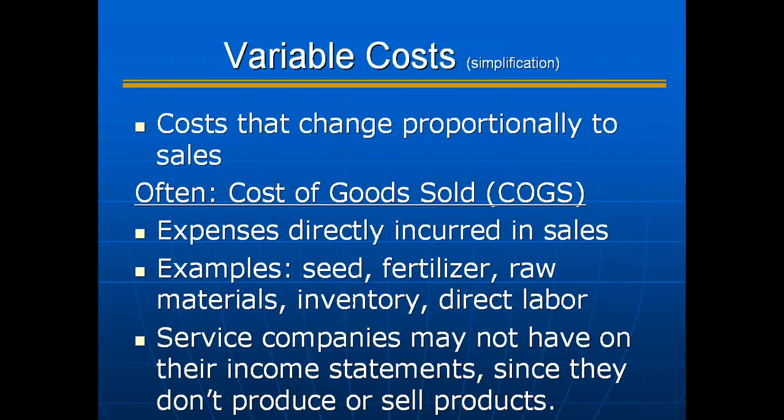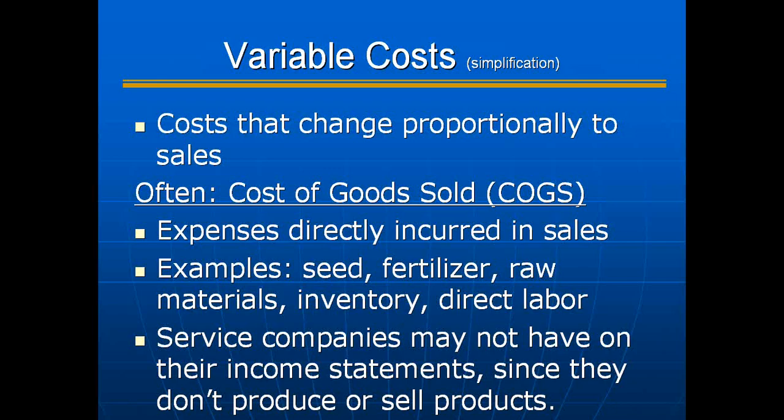Okay, back to a little bit of a definition, and I know that you've seen some of this before, so I'm not going to spend much time on it. But variable costs are costs that change proportionately to sales. So in order to sell more of product A, you're going to have more variable costs.